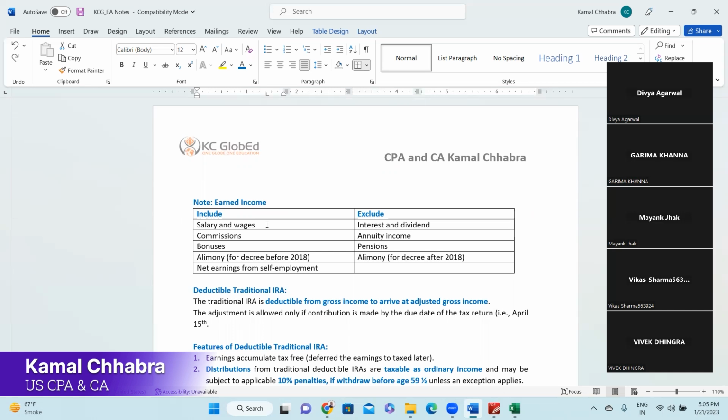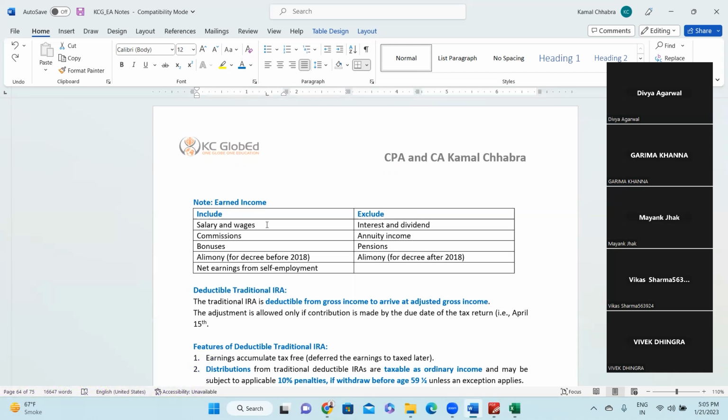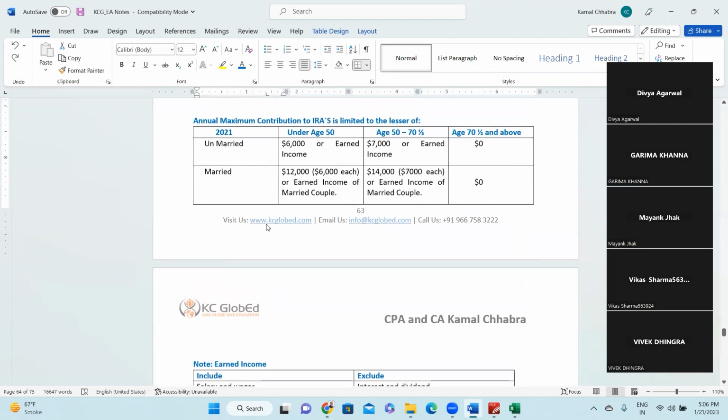If you are a sole proprietor, then net earning from your proprietorship. What about child support? Child support is never an income. Child support is neither an income nor an expense. It's all personal. So this is considered in the definition of earned income for contribution purposes.